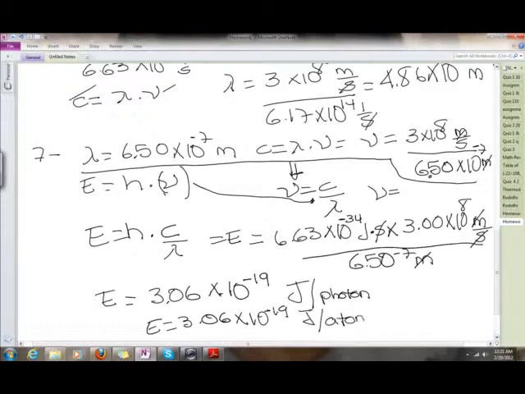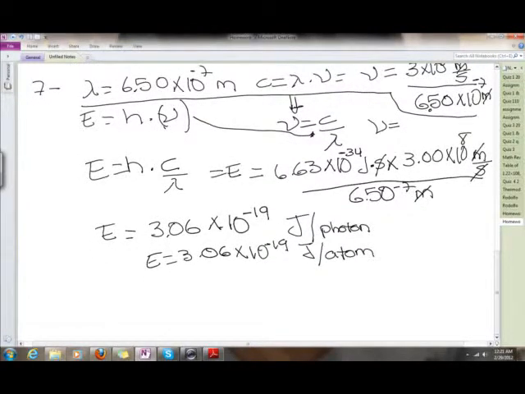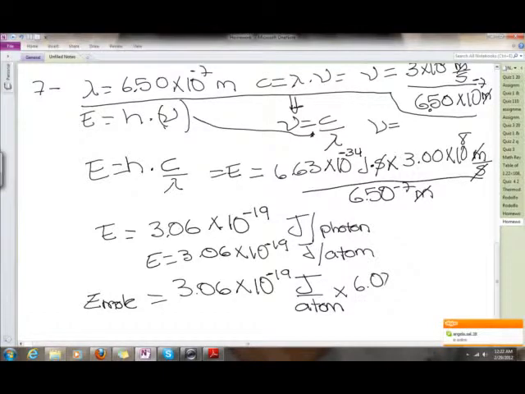But how many atoms do you have in a mole? Because remember, we have to take it to 1 mole. So we have to multiply this energy by Avogadro's number, right? And we're going to get the energy per mole. It's going to be 3.06 by 10 to the minus 19 joules per atom multiplied by 6.022 by 10 to the 23rd atoms per mole, right?